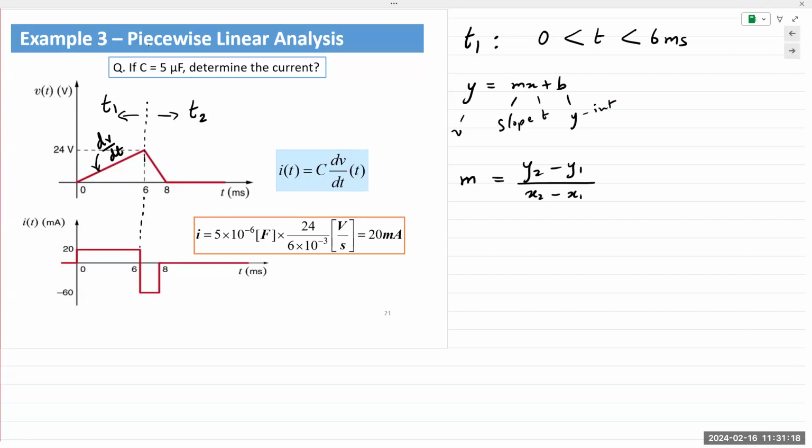So M1, I can write as 24 minus 0 divided by 6 minus 0 milliseconds. So it'd be 12 volts per millisecond, or 12,000 volts for every second.